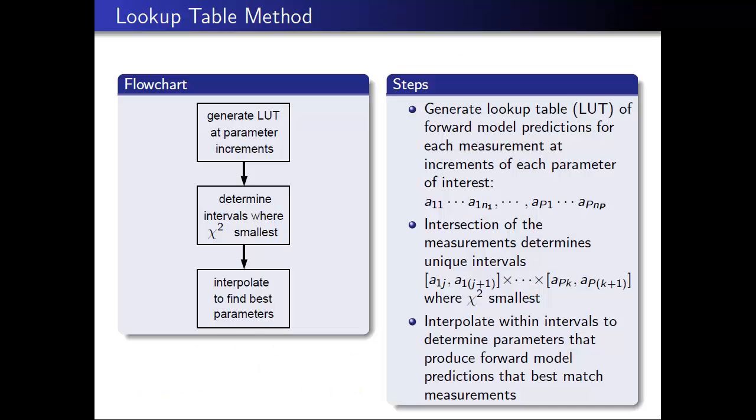So I'll go very quickly through this, but the way the lookup table works is that you have the parameters of interest. In Sylvain's case, he showed mu a and mu s prime pairs, and you create a table where you increment these parameters.